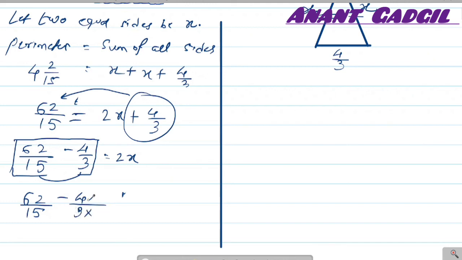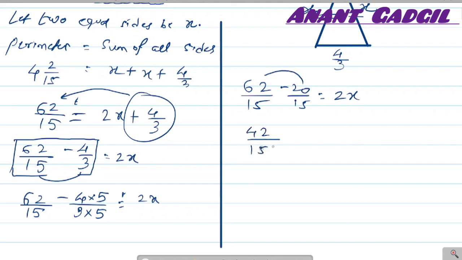So I am going to make the denominator 15 for the second term by multiplying 5 in the denominator, so I have to multiply in the numerator also. So now it becomes 62 by 15 minus 20 by 15. Now the denominator is same, so you will subtract this, you will get as 42 by 15.